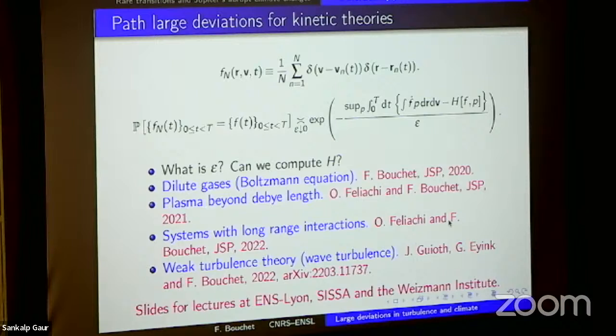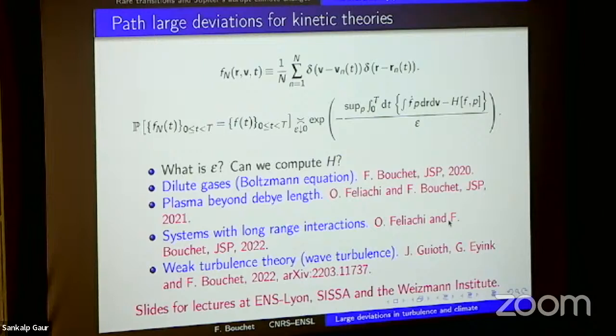For instance, you get the Landau equation for plasma beyond the Debye length. And so the Landau equation, you also get it from microscopic dynamics as a law of large numbers. And so here we worked out the large deviation Hamiltonian for it with Wassim Feliachi. Wassim was a master student working with me.